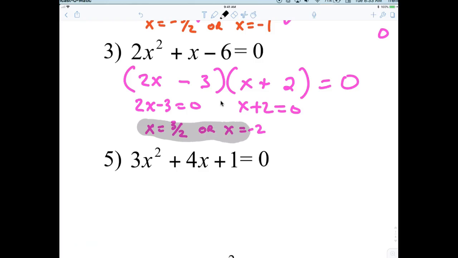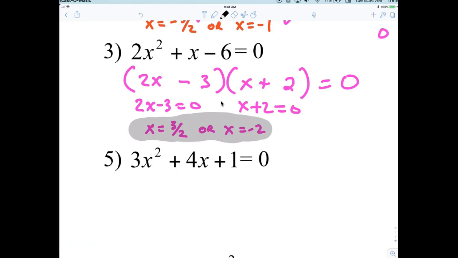I'm expecting my Algebra 1 kids at this late stage in the year to be able to look at 2x minus 3 equals 0 and just say x equals 3 halves. If you want to put the plus 3, divide by 2, feel free. It's not necessary. If you can't solve a two-step equation, you probably can't factor.